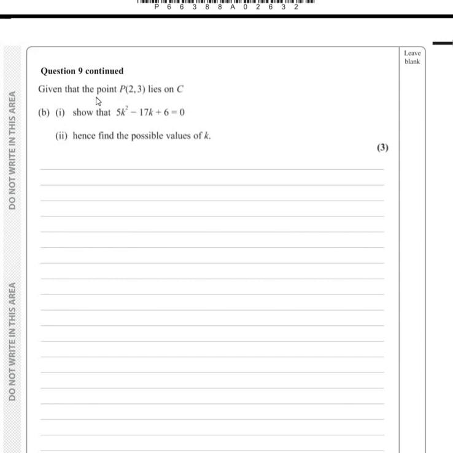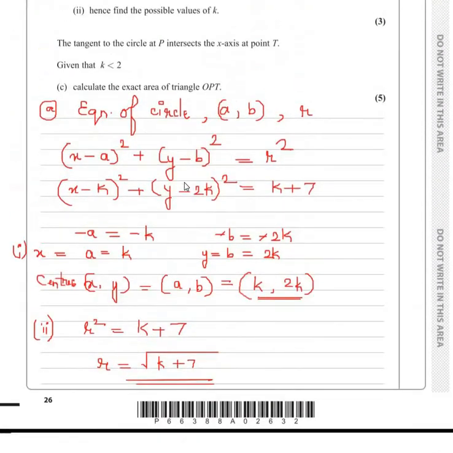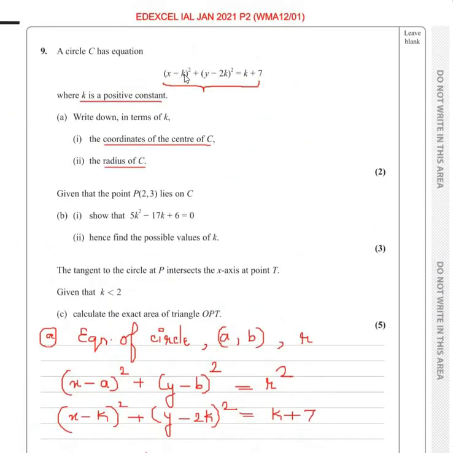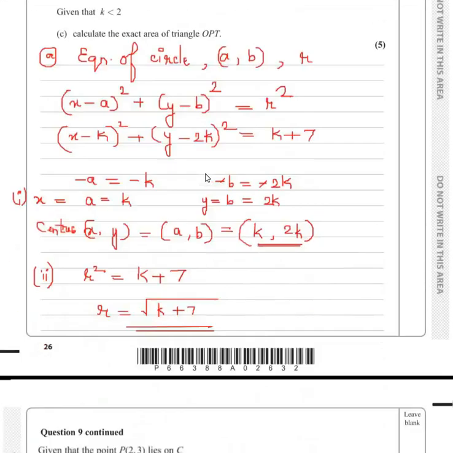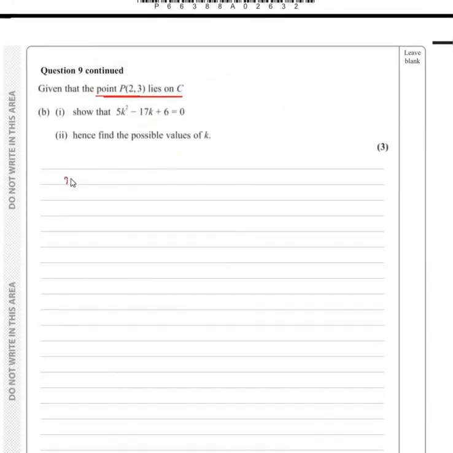It says that the point (2, 3) lies on C. So let us first write down the equation of C, which is given in the question: (x minus k) the whole squared plus (y minus 2k) the whole squared is equal to k plus 7. This is the equation of the circle given.